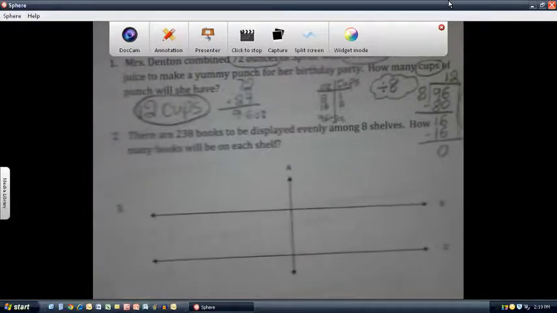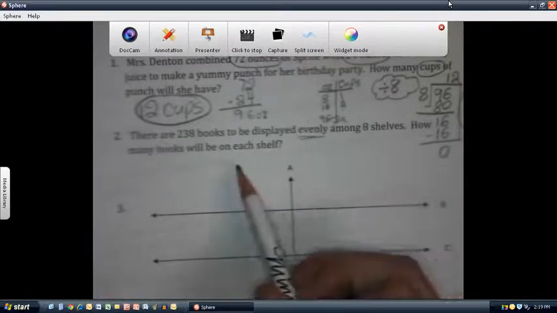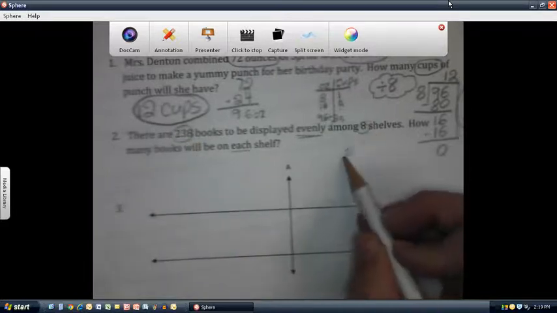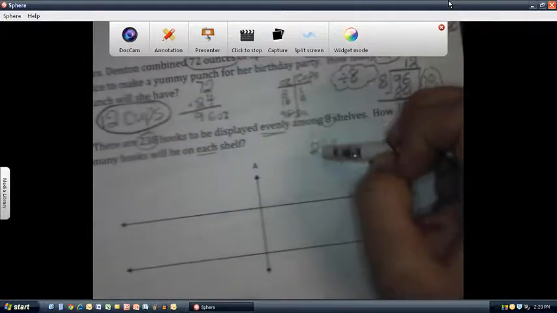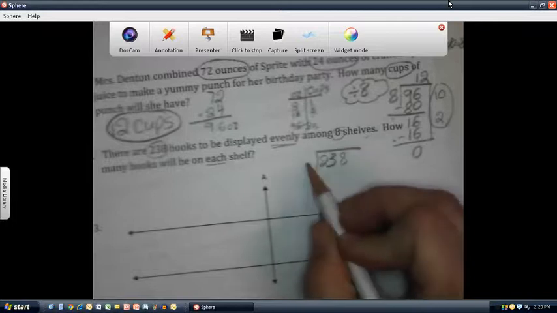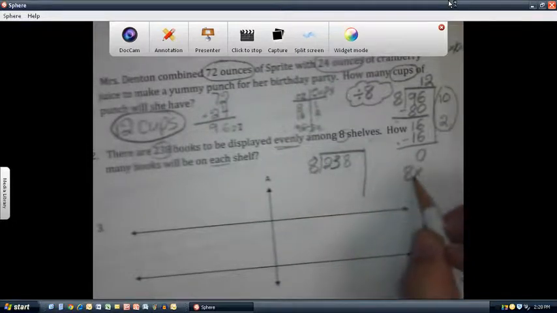So, number 2, there are 238 books to be displayed evenly among 8 shelves. How many books will be on each shelf? So I have 238. Oops. This is why I use pencils in math for when I make mistakes. Divided by 8, I know that 8 times 3 is 24, and that's too high.